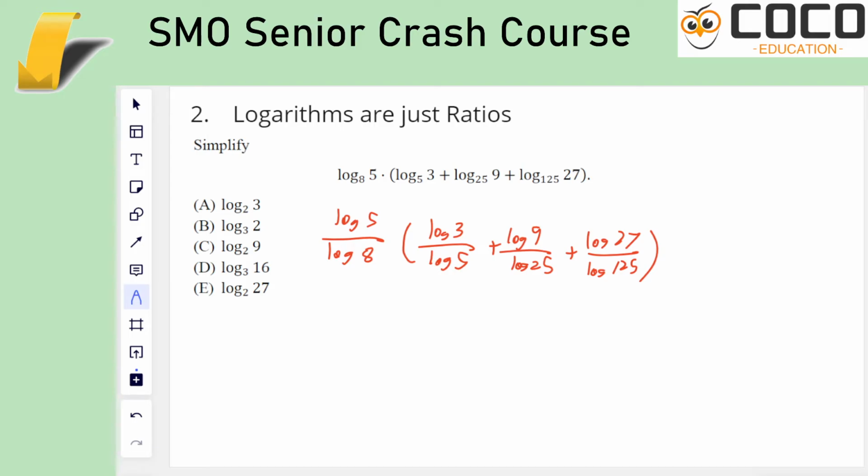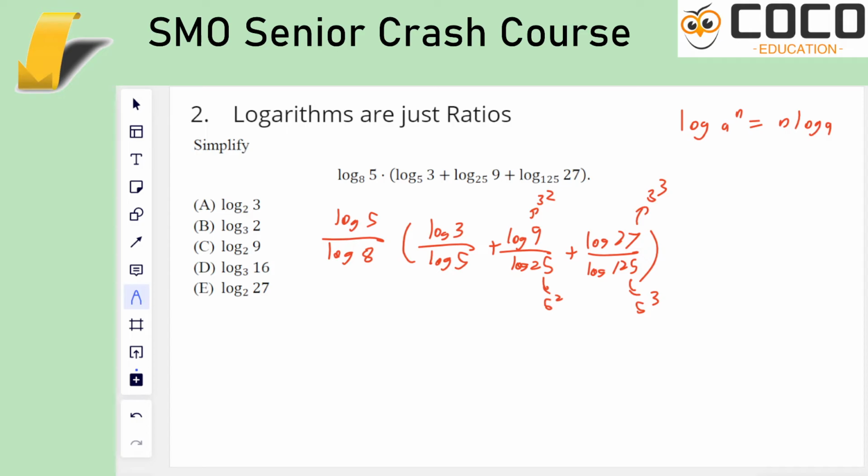logarithm identities, and the basic logarithm identity we need here is our power rule. Because 9 and 25 are 3 squared and 5 squared, 3 cubed and 5 cubed. Probably you noticed that already from the very start.